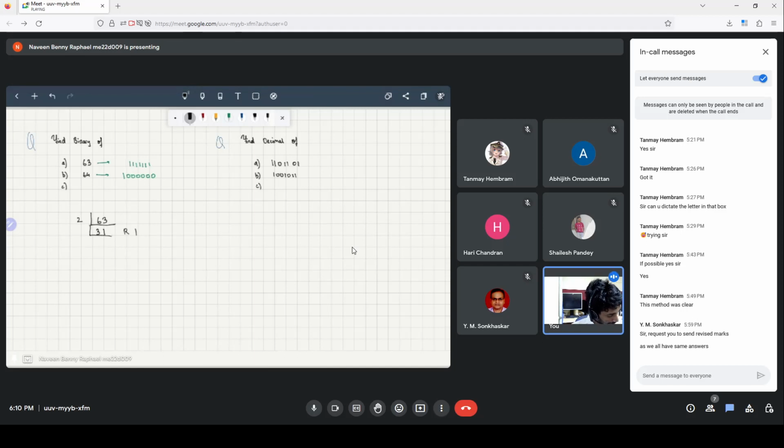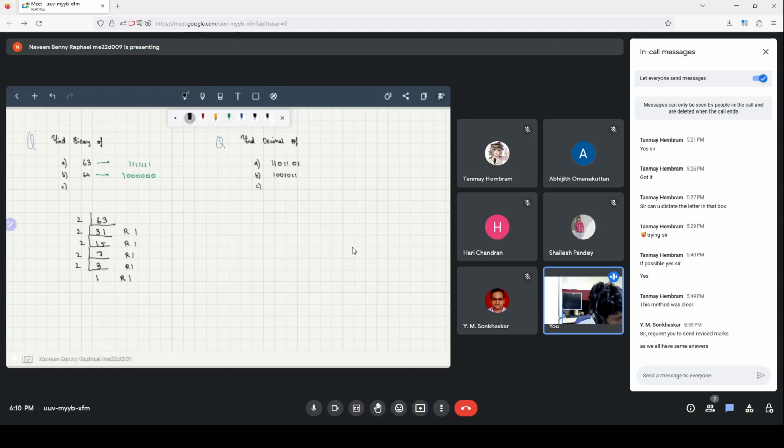Again you divide, you get 15 remainder 1. Again, 7 remainder 1. Again, 3 remainder 1. Again, 1 remainder 1. Because we have got 1, which is less than 2, we have found the expansion.